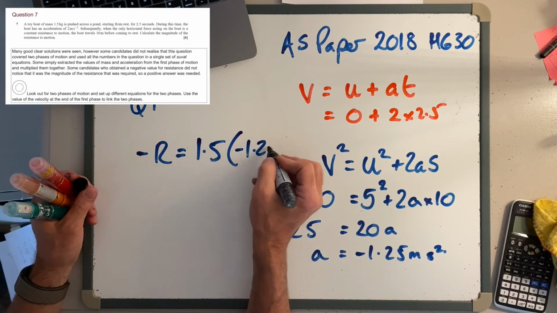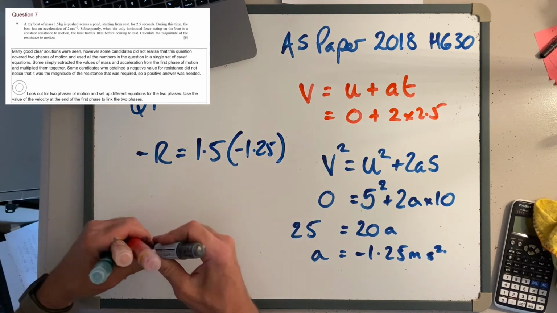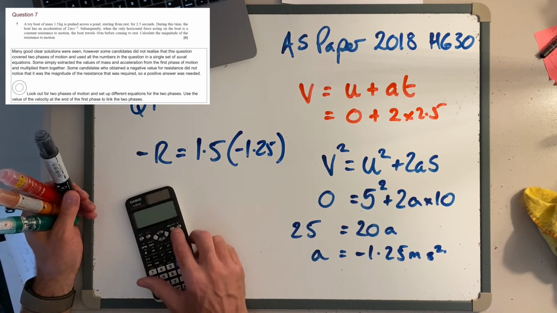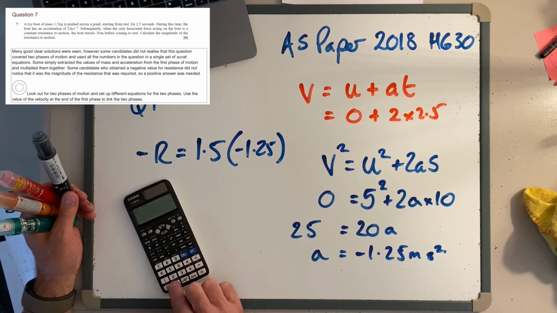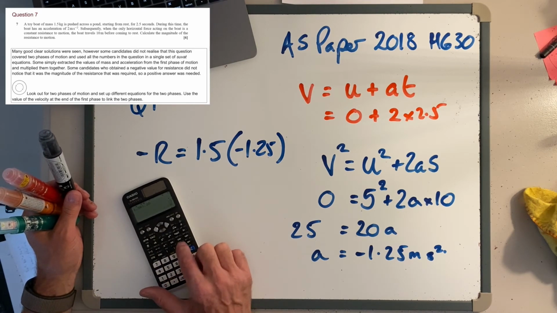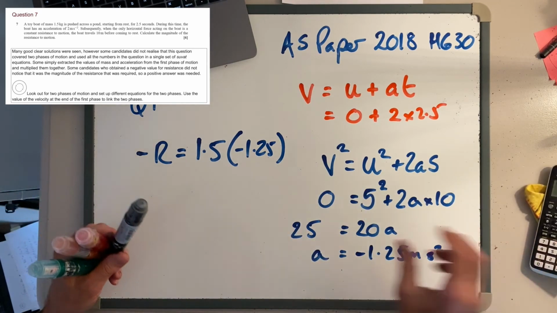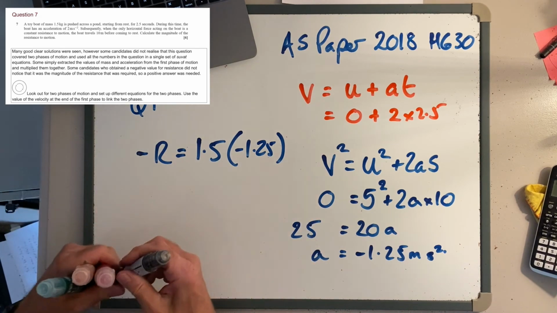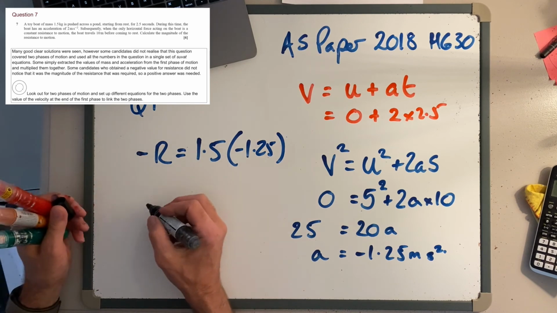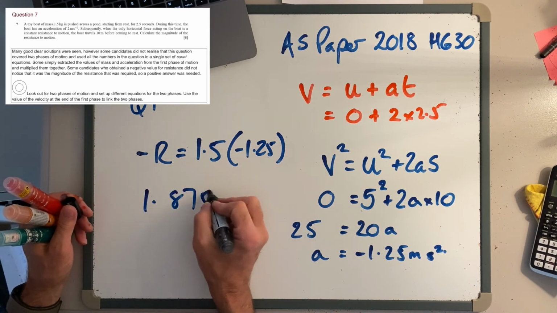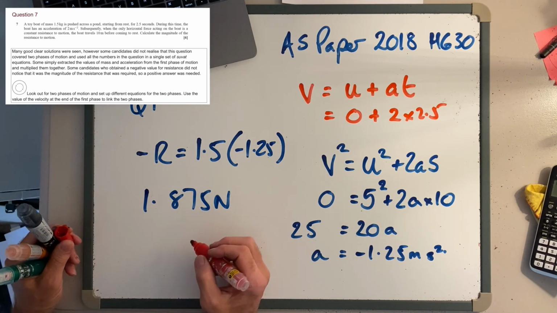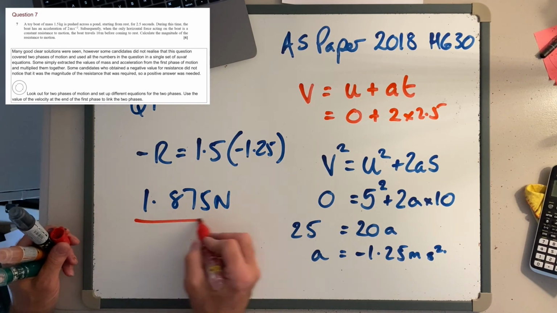Okay, so put that into my calculator. Times 1.875. So the magnitude of resistance, so it's signless, the magnitude of resistance is 1.875 newtons. Hopefully they don't want it to any degrees. No, that's fine. Boom.